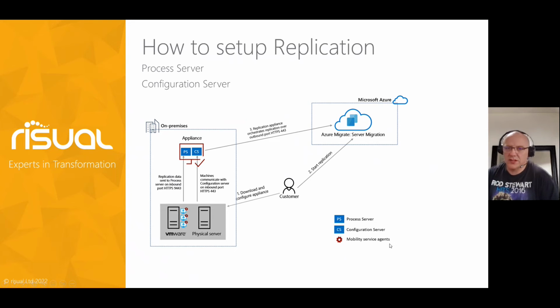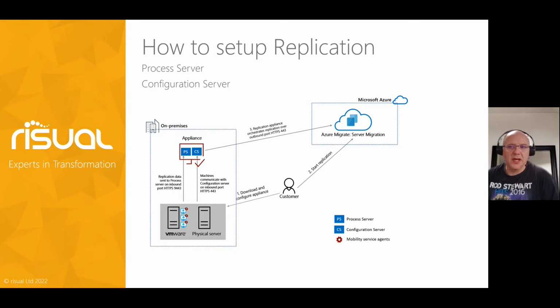So again, previous to what we were just talking about, this mobility service agent must be on all machines that you want to discover. Otherwise, you will have problems getting discovery from all your machines. But the configuration server and the process server are installed by default on the replication appliance, and the configuration server allows you to set up where it's going to communicate with.